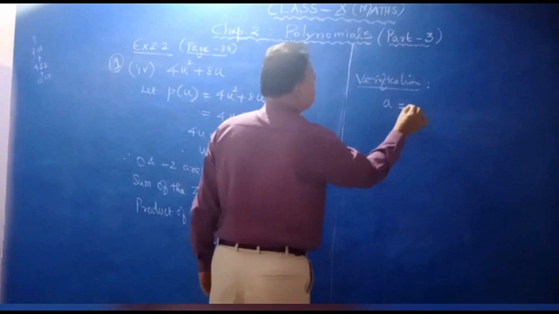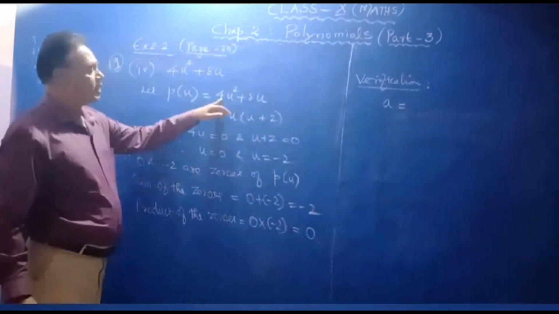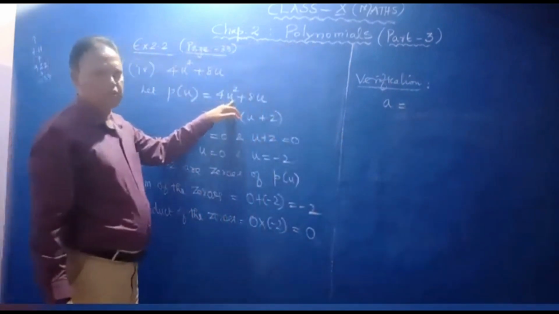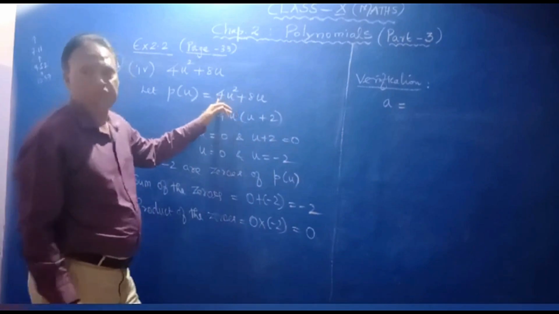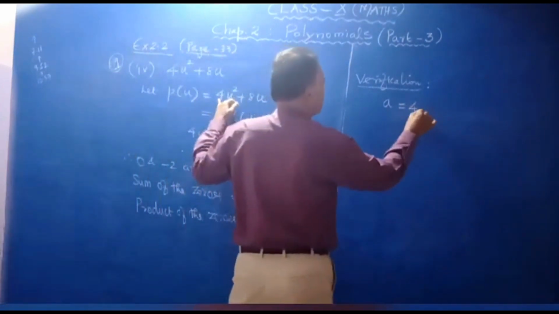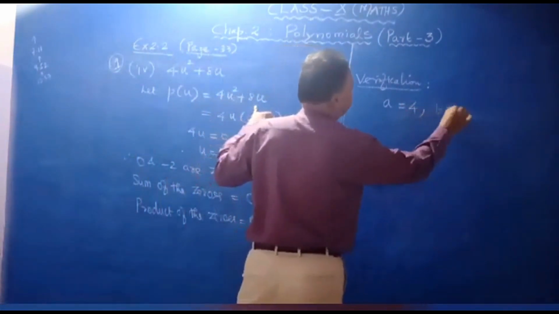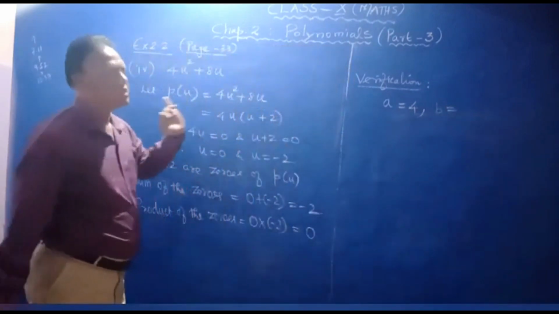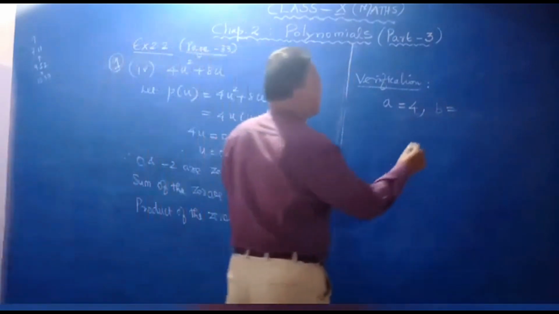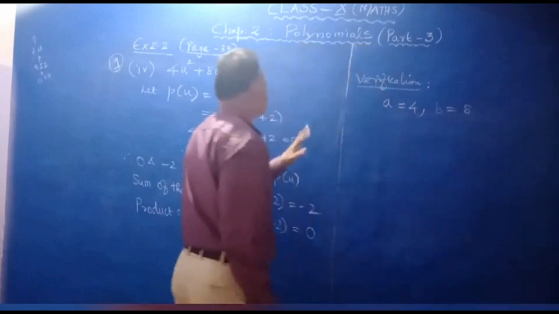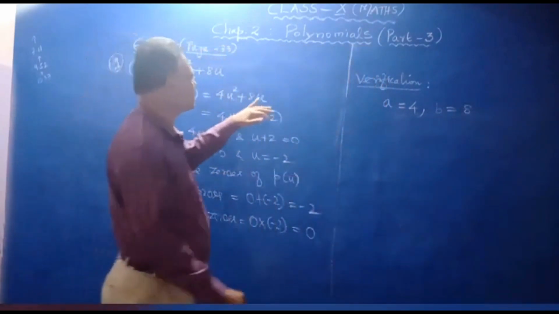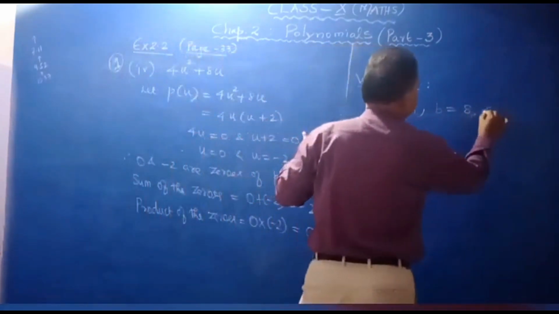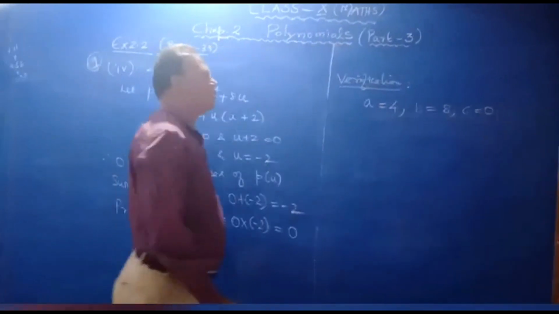So take a, compare. What is a? The u squared coefficient is 4. What is b? The u coefficient is b, that is 8. Which sign do you take? Plus sign here. Next, c: there is no constant term, so take c as 0. Clear?